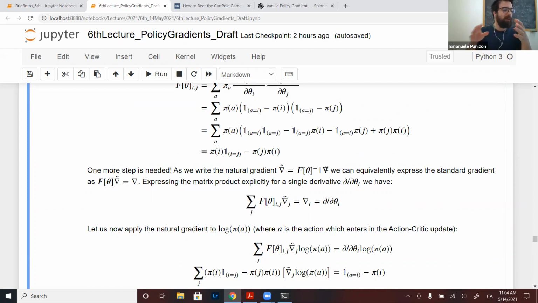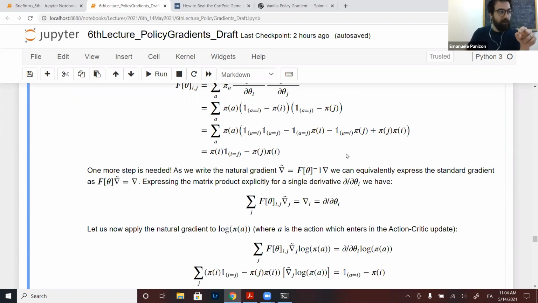Here instead we managed to have the natural gradient perfectly expressed and use it directly. Normally it means that you have something like an eligibility trace. You have new parameters which help for a new approximation, you use this new approximation inside the code, and at each step you have a new update also for the Fisher matrix. This is how one normally deals with natural gradient if you do not have a closed expression for it.